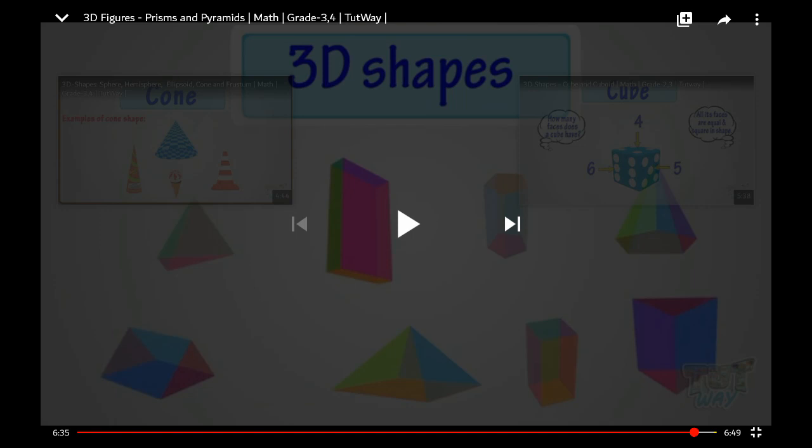And pyramids have only one base which can be of any shape: triangle, rectangle, square, pentagon, and we name it according to its base. And all of the other faces are triangles. This is how we differentiate between pyramids and prisms.